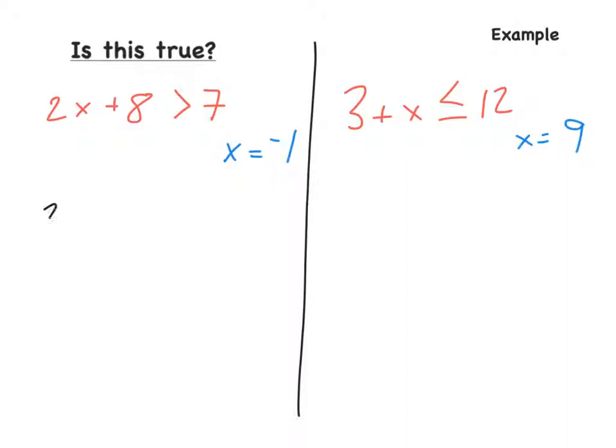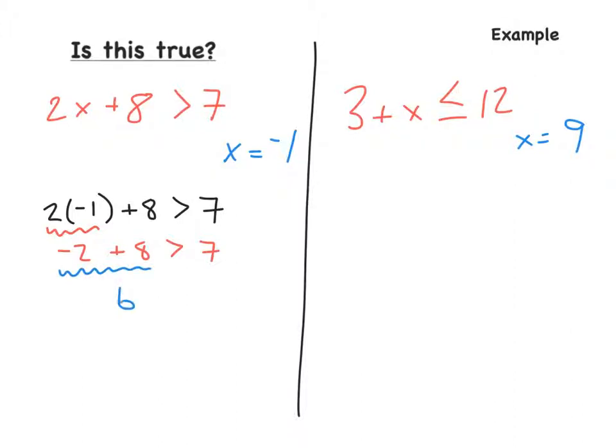So we have 2 times -1 plus 8 is greater than 7. Solving, we have -2 plus 8 is greater than 7. -2 plus 8 is equal to 6.